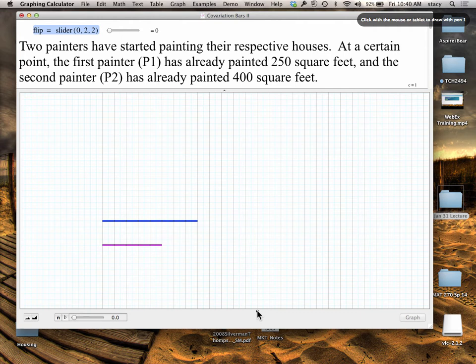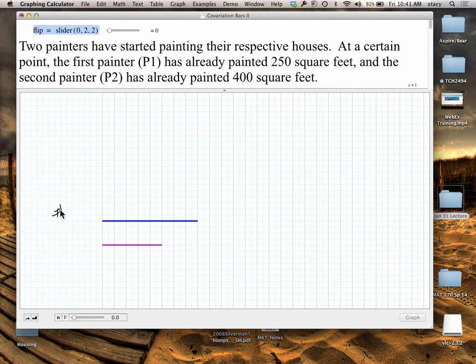Okay, so the quantity being represented by the blue bar is not painter 2, right? Because painter 2 is not a quantity. Painter 2 is a person. But the blue bar could represent the number of square feet, for instance, that painter 2 painted, right?